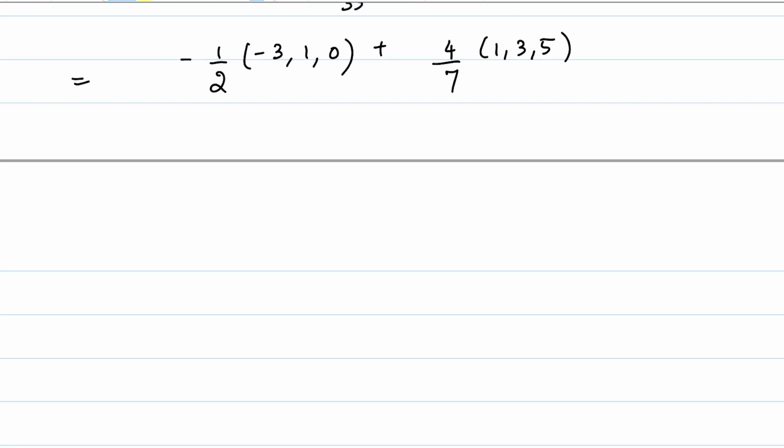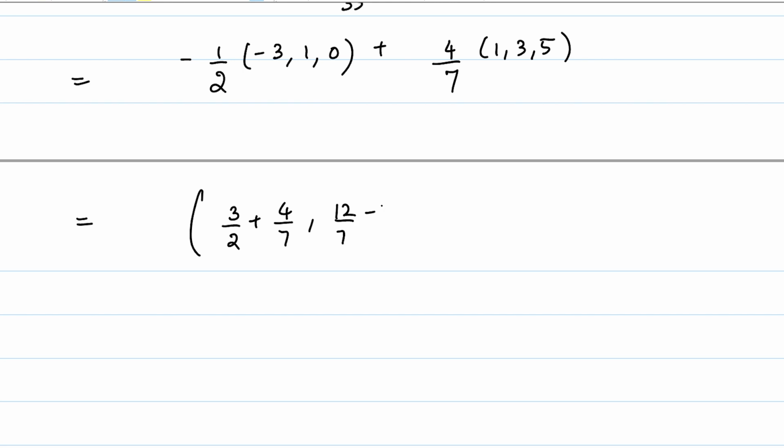And if we compute this, this is 3 by 2 plus 4 by 7. So 21 plus 8, 29 by 7. 4 by 7 minus 1 by 2. So I'll just write it down. Maybe one more step won't hurt. So this is 3 by 2 plus 4 by 7.